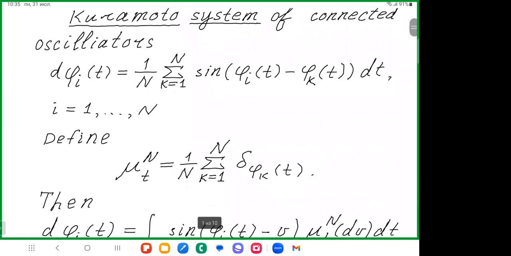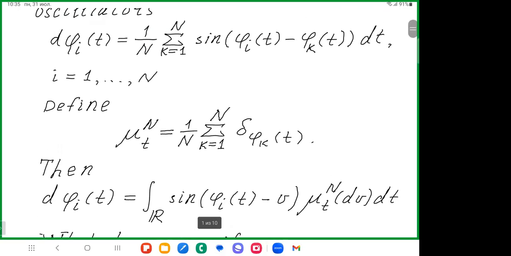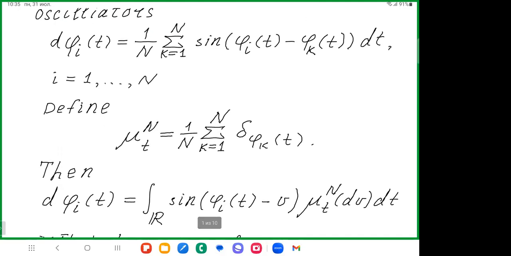Then one can rewrite the initial equation as follows. You can see that the differential of phi i t is equal to the integral of sine of the difference phi i t minus v with respect to this measure mu t n dv.